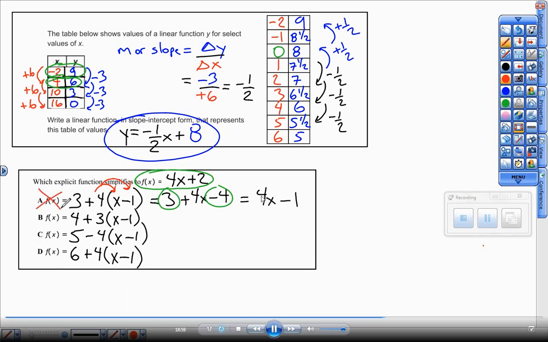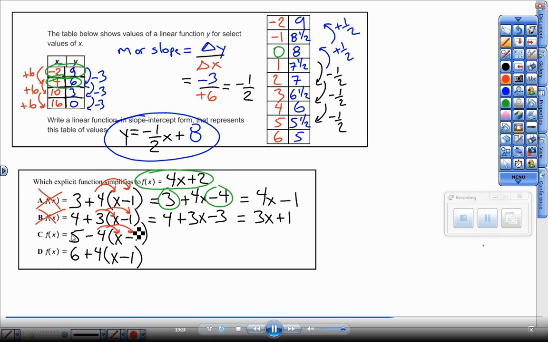Not the same, not equivalent. If I distribute this and get 3x minus 3 when I times 3 times negative 1, that gives me 4 plus 3x minus 3. And again, that combines to give me 3x plus 1. Bad d number and bad y-intercept. Both these things are bad.